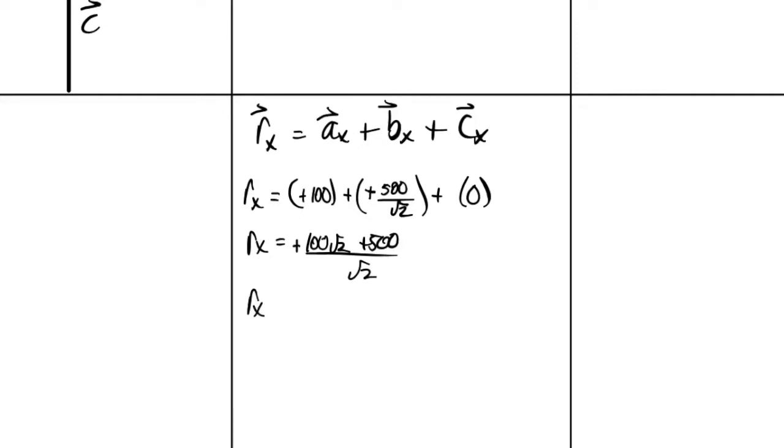Now, for the sake of your sanity and mine, we get positive 453.55 kilometers per hour, carrying 2 extra sig figs. And since we're on the x component, that works out to 453.55 kilometers per hour to the east.